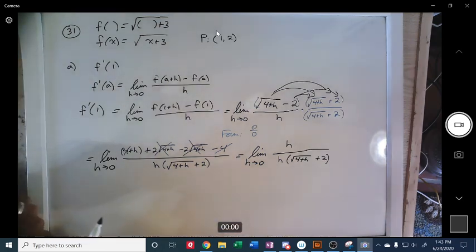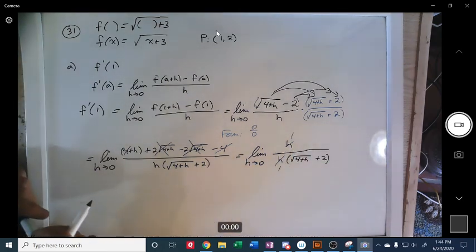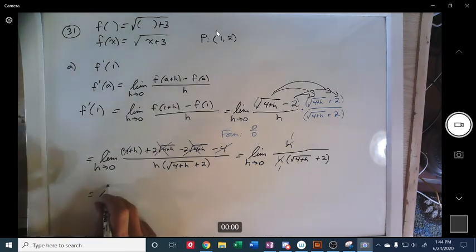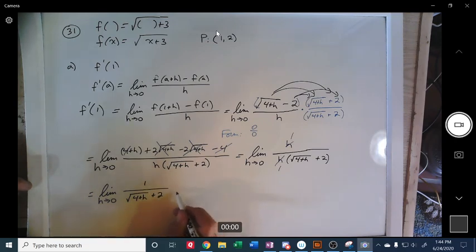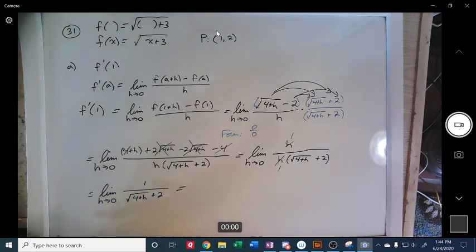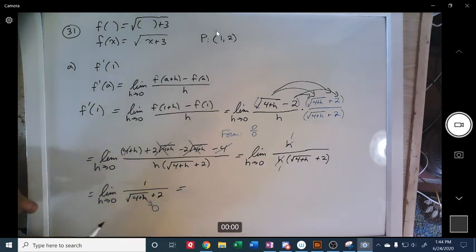And then cancel those. Now, as h goes to 0, that drives this thing to 0.